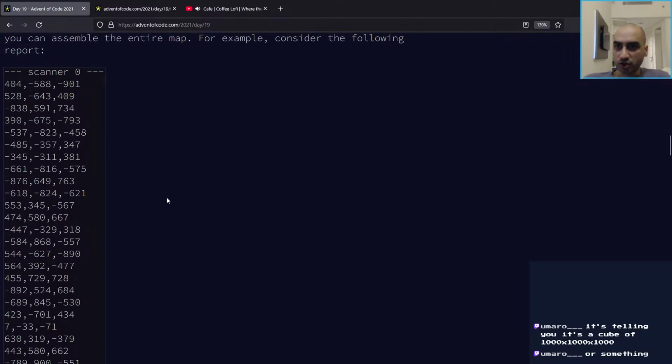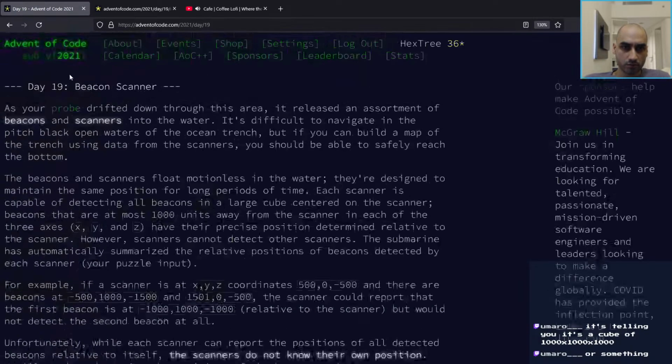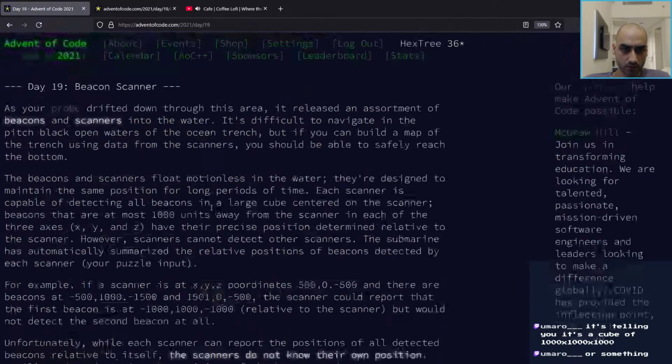It's telling you it's a cube of 1,000 by 1,000 or something. Yeah. No, that's each. What do you mean?